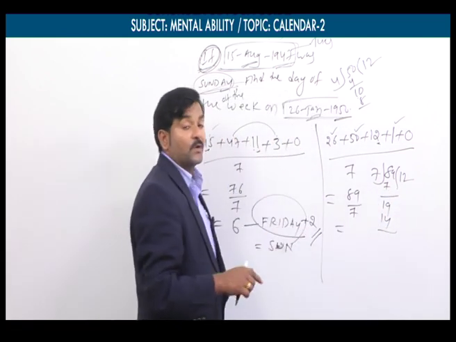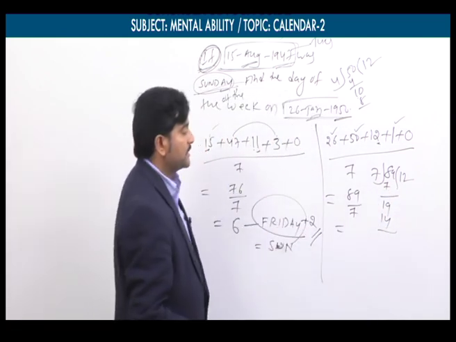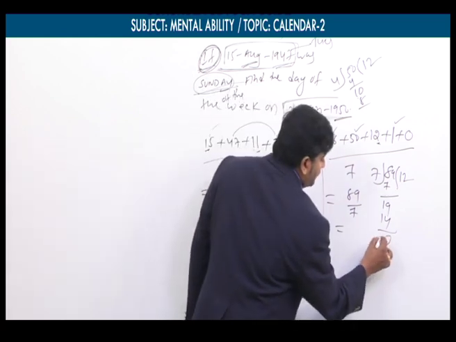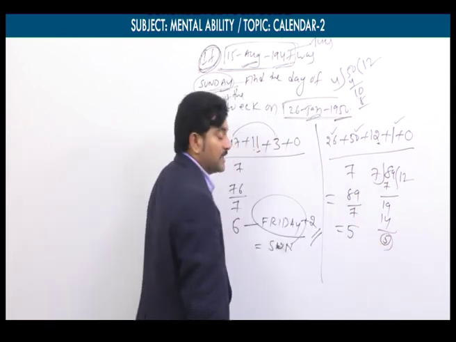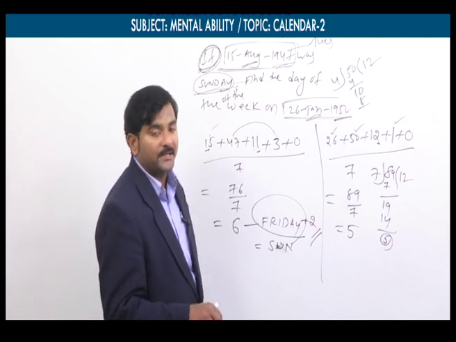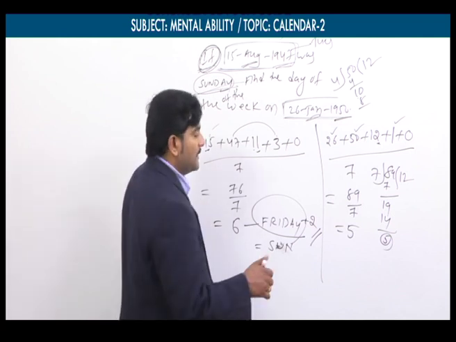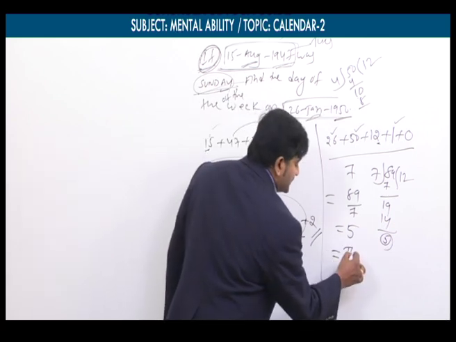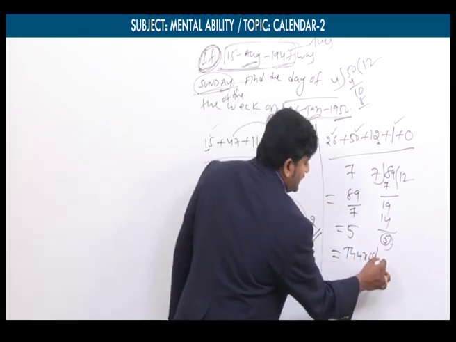Here I need to focus on the remainder, not the quotient. How much am I getting as remainder? 5. According to the day codes, if the odd days are 5, then which day is that? Thursday.